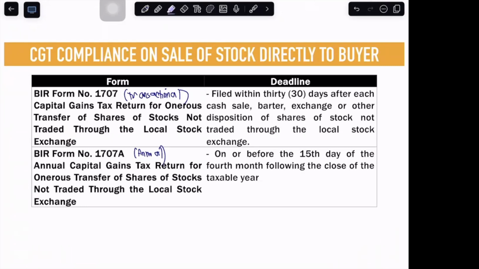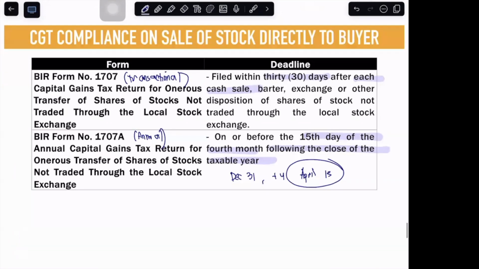The transactional is still 30 days after each sale. The annual is the 15th day of the fourth month following the close of the taxable year. So assuming the close is December 31, the fourth month is April, and the 15th day, so ang sagot natin ay April 15.